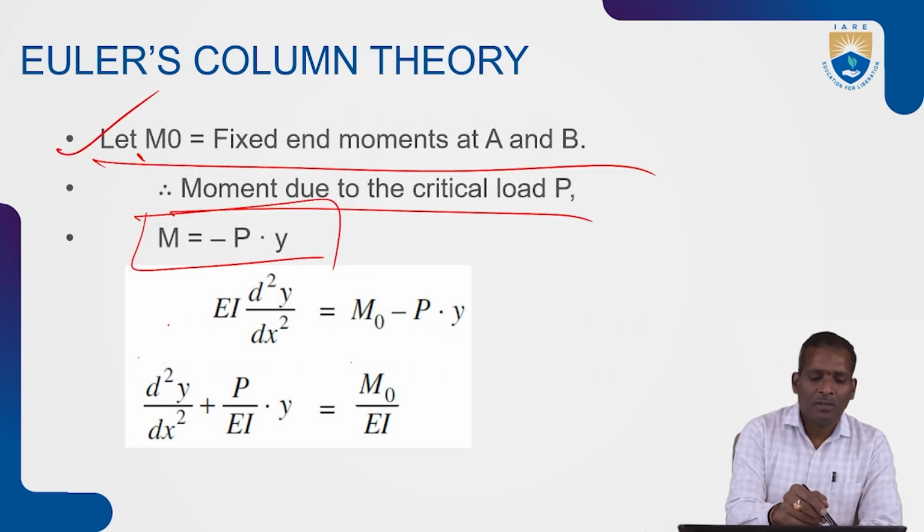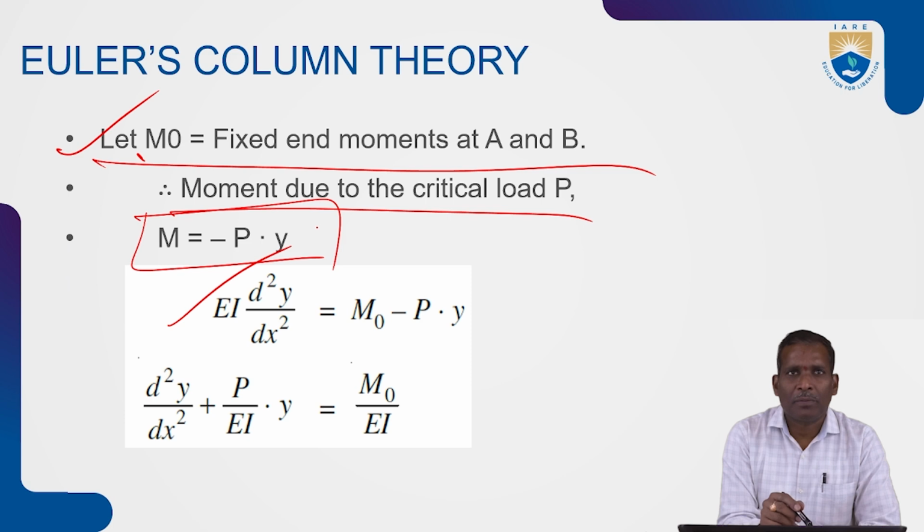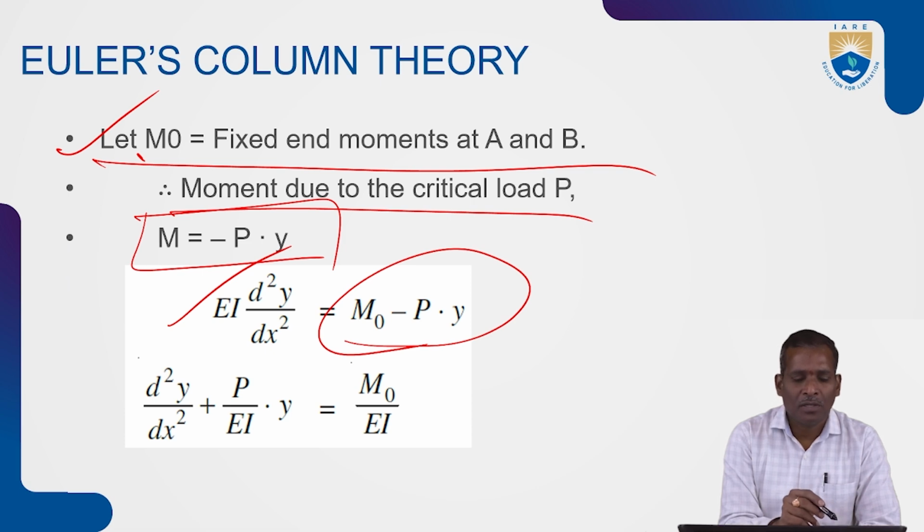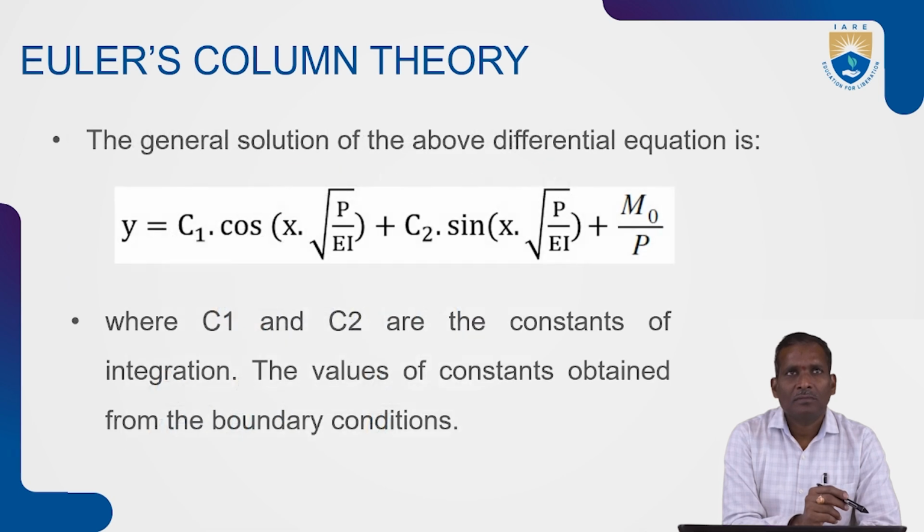Now write down the equation EI into d square y by dx square is equal to M naught minus P into Y. So now d square y by dx square plus P by EI into Y is equal to M naught by EI.